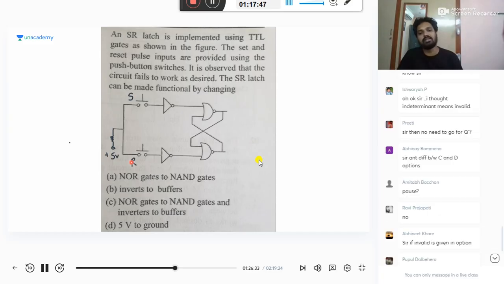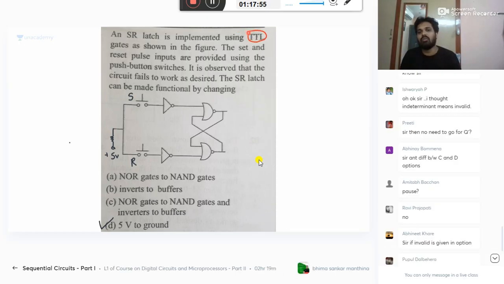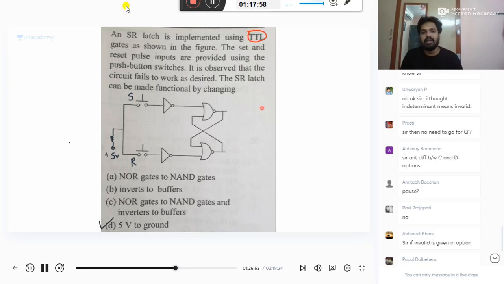So what's the right answer here? Understand one important part in this question. What is that important part, sir? It is a TTL logic gate. TTL means what?